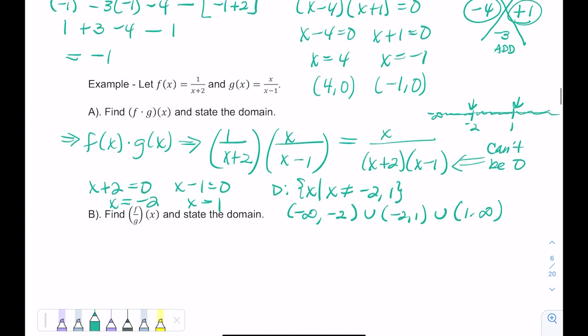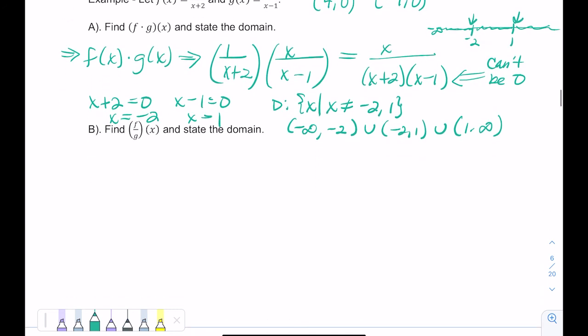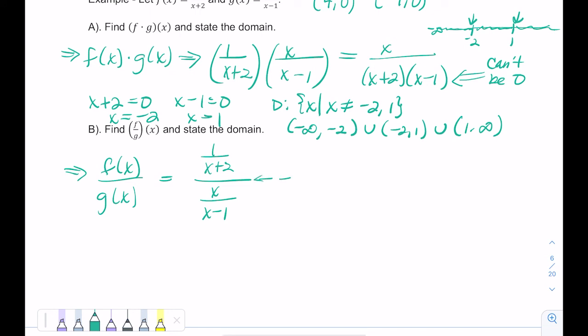For letter B, we're being asked for the quotient, which is divide. So this just simplifies to f of x divided by g of x. So again, f of x is 1 over x plus 2 divided by g of x, which is x over x minus 1. So now that symbol right there just means divided by.